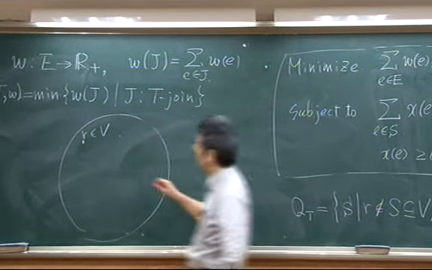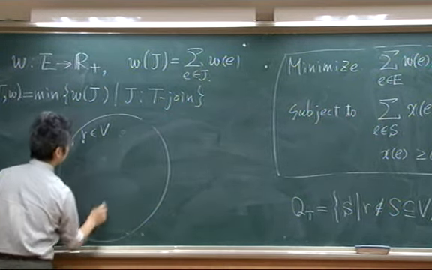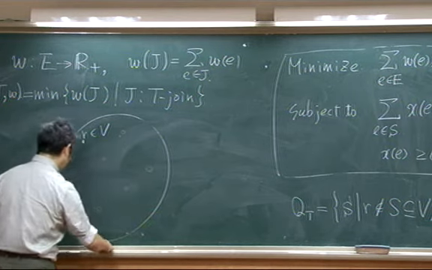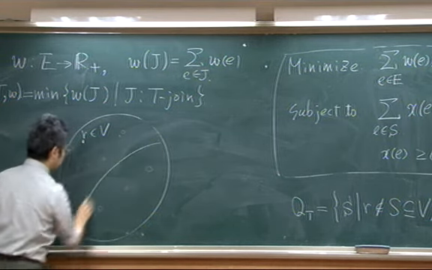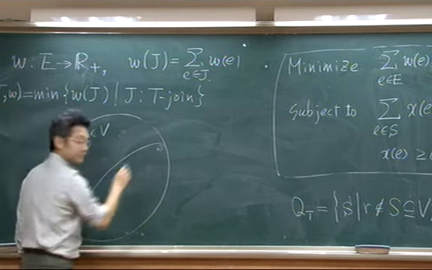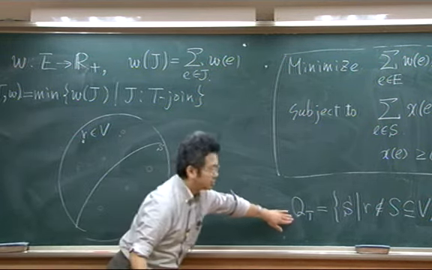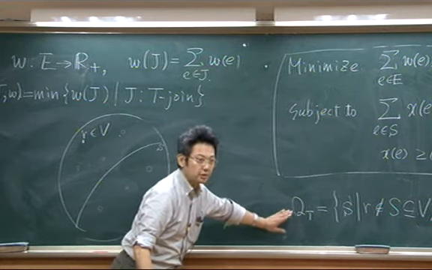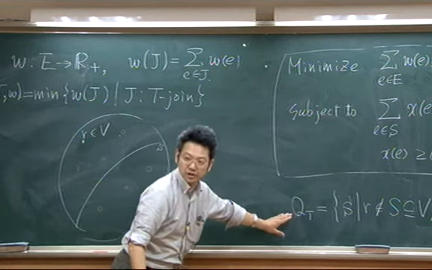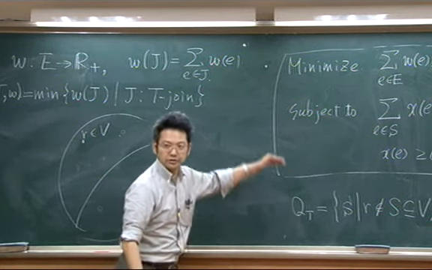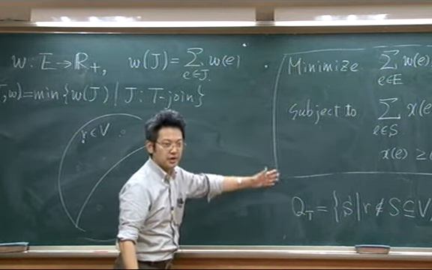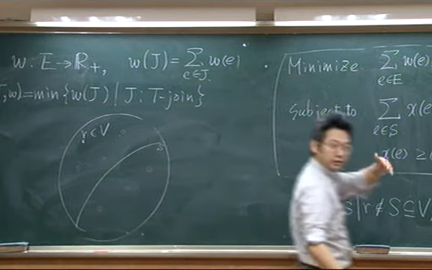Like 1, 2, 3, 4, 5, 6. This is a T, this is T, and this is the one S. We denote this collection by Q of T. The size of this Q of T is exponential, so this linear program has an exponential number of inequalities.